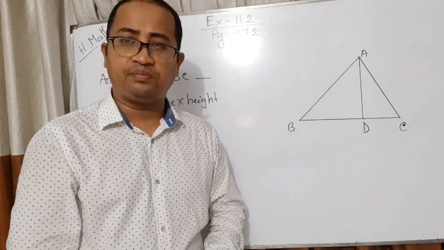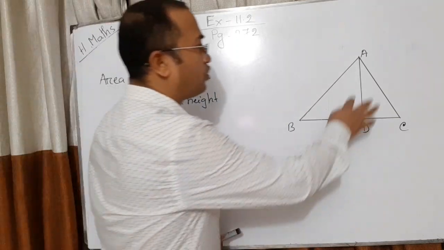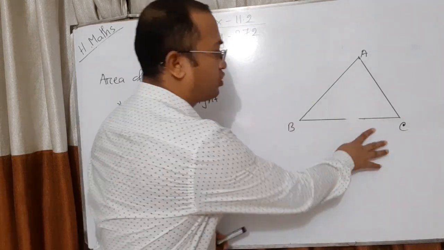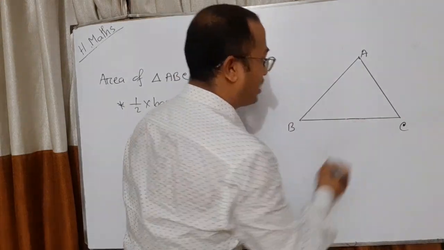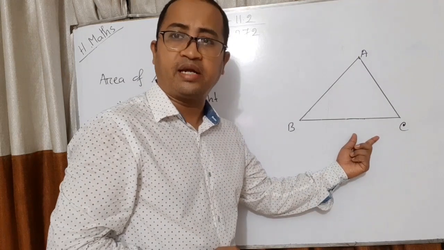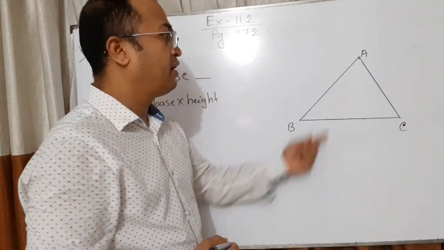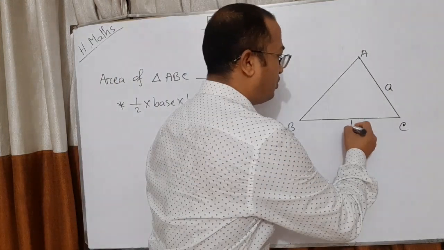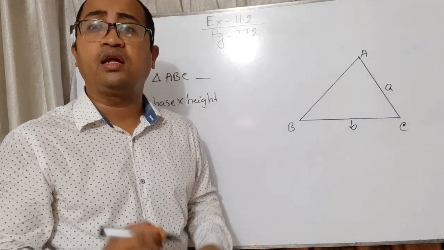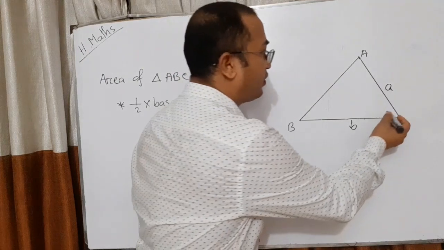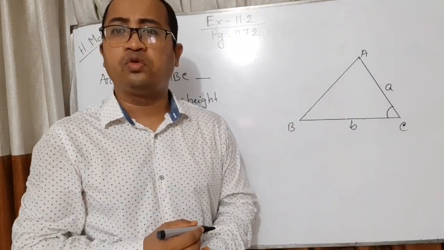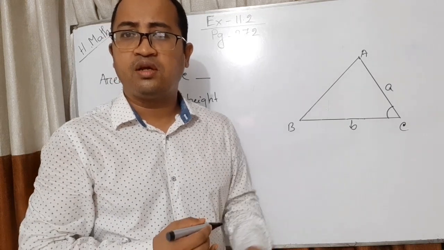Now, if you don't know the height, but you know any two sides, say AC is equal to a and BC is equal to b, and their included angle C. Now, which formula do you use to find out the area of this triangle?